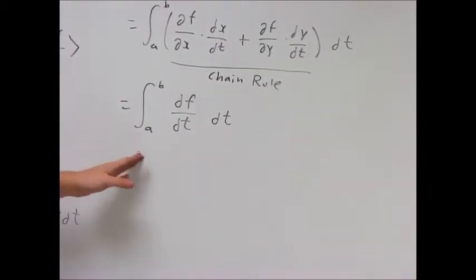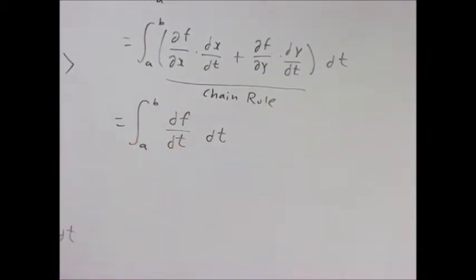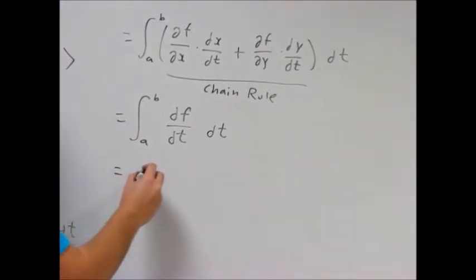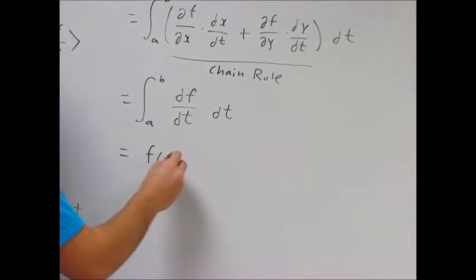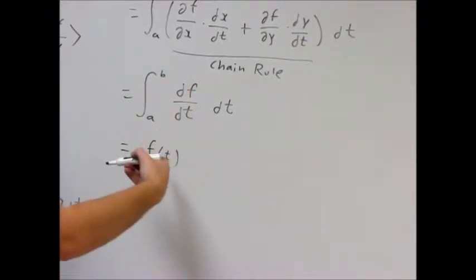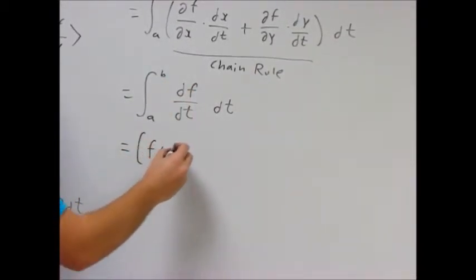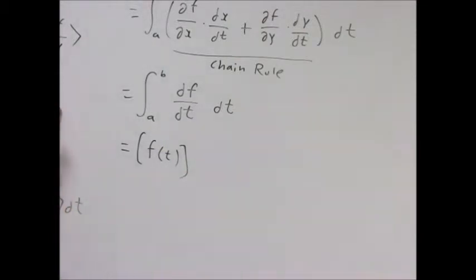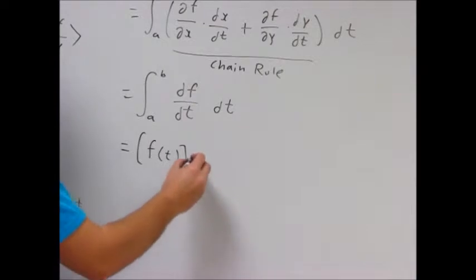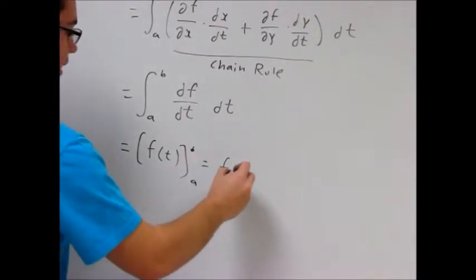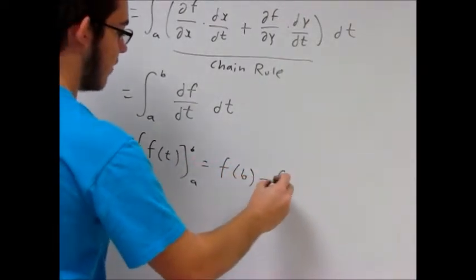And so the integral of the derivative is going to be the original function f of t in this case. Because now f has become a function of t because we substituted x and y as functions of t, from a to b. So it's f of b minus f of a.